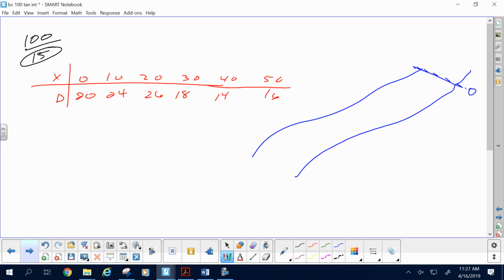At that point, the distance across is 20. 10 meters downstream, it's now 24. 20 meters downstream, now the distance is 26. 30 meters downstream, now the distance is 18. 40 meters downstream, the distance is 14. And 50 meters downstream, the distance is 16.